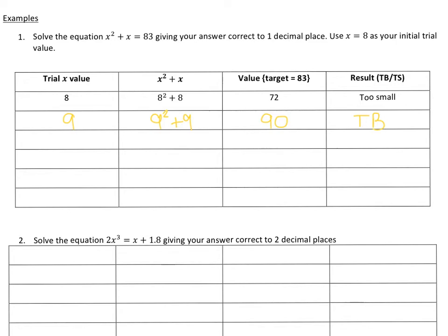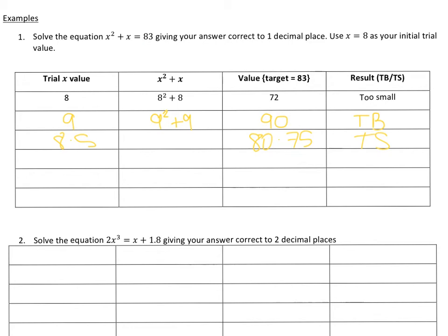I'm going to go halfway then, because the 8 and the 9 are either side of the 83. So I'm going to go 8.5, press equals, push up, and at 8.5, I get 80.75, which is too small, because the target number, remember, is 83.